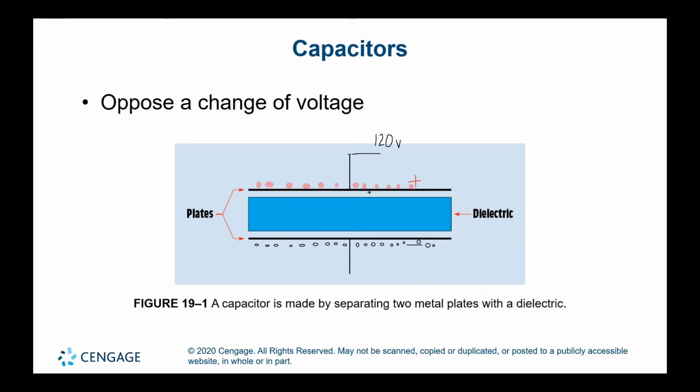Because the capacitor is charged, because it now has this potential difference across its plates, if nothing is connected to the capacitor, the electrons cannot go anywhere. However, there is going to be a very heavy force of attraction between the plates.